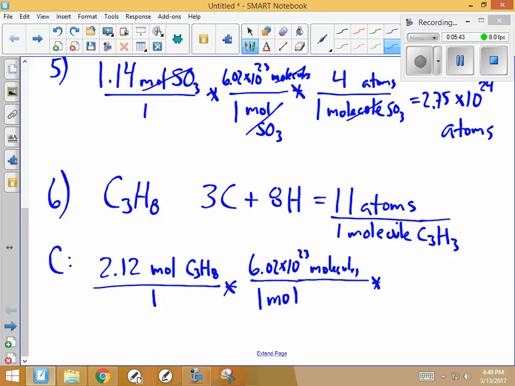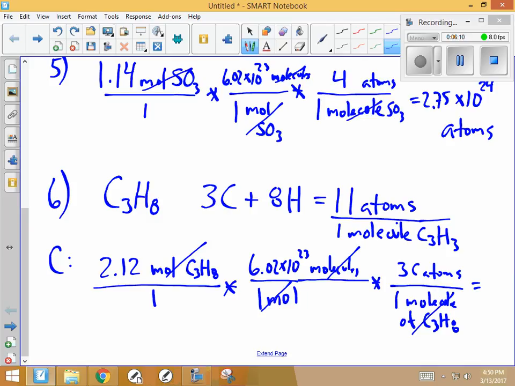Now I'm going to multiply by 3 carbon atoms per 1 molecule of C3H8. Molecules cancels, moles cancel, and now I'm left with just arithmetic.